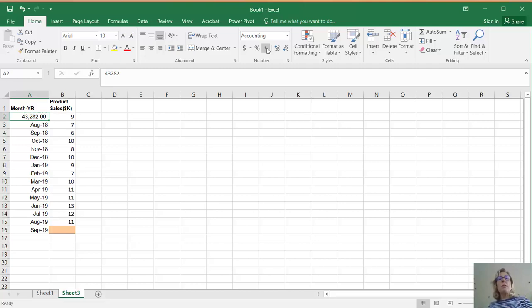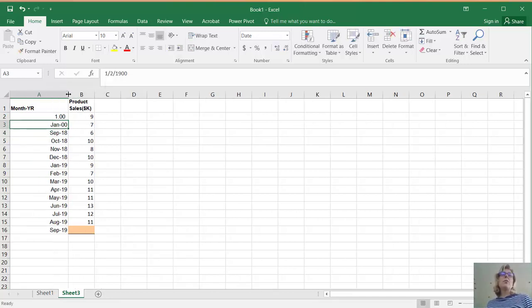So it probably makes sense, if we're only going to work with relatively recent data, to reset our axes. Just to show you, here's what it thinks 2 is. It thinks 2 is January 2nd, 1900. We don't want to be working with that kind of data.